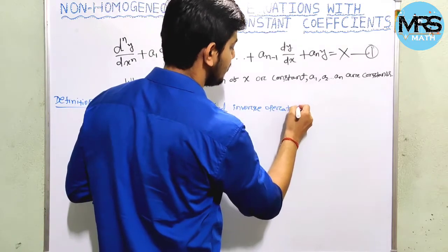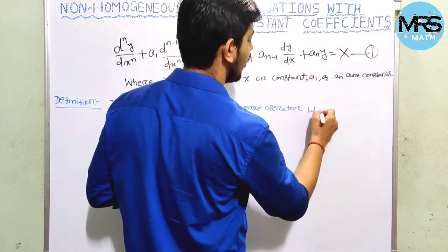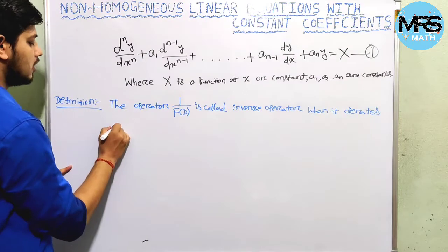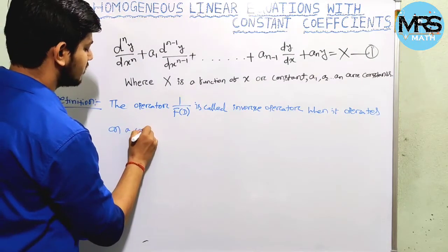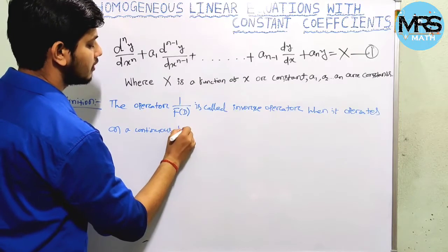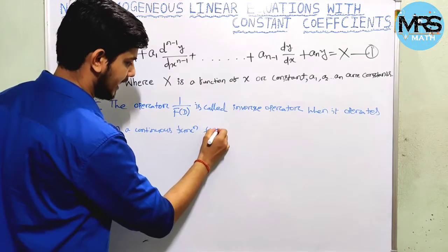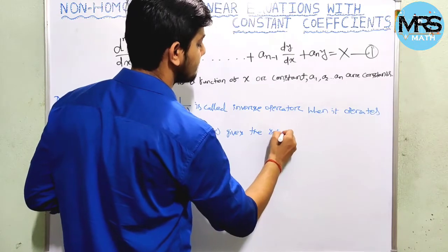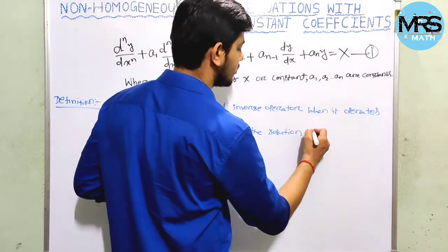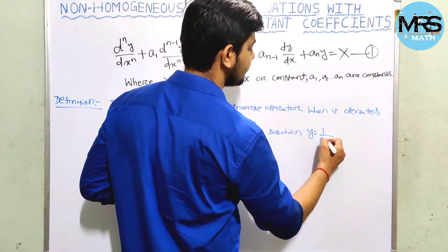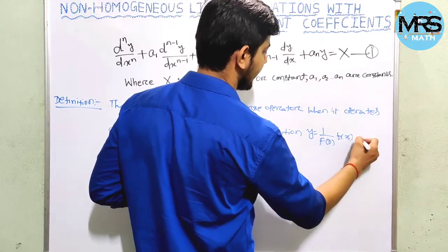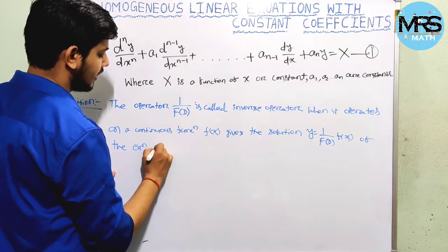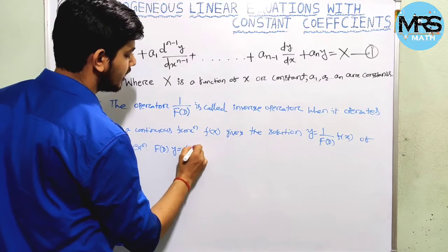When it operates on a continuous function f of x, it gives the solution y equal to 1 by f of d into f of x of the equation f of d into y equal to f of x.